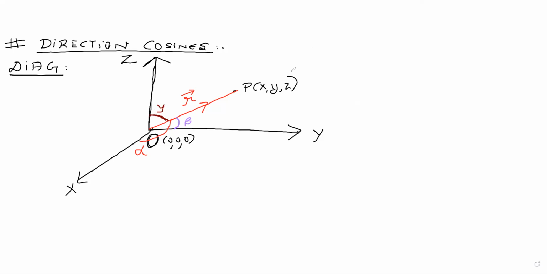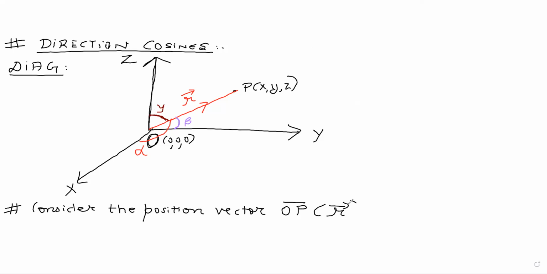So we can write this. Consider the position vector OP, which we denote by R with an arrow, of the point P, which corresponds to the coordinates x, y, z.